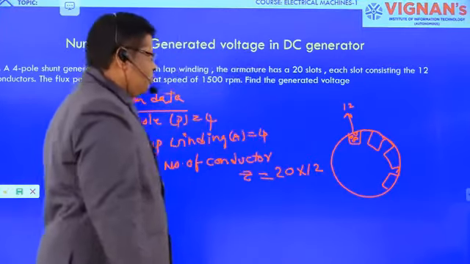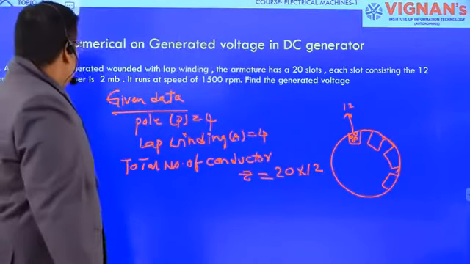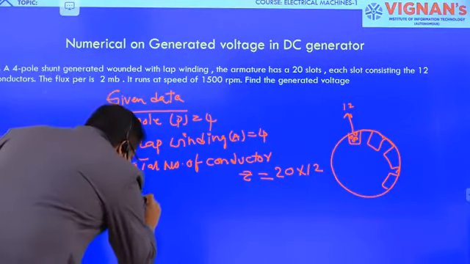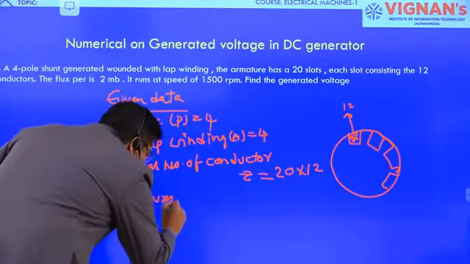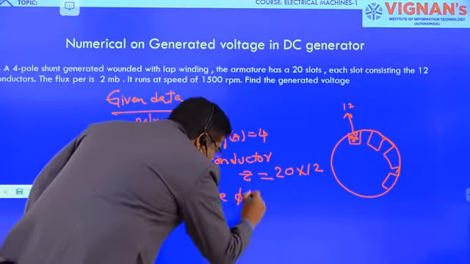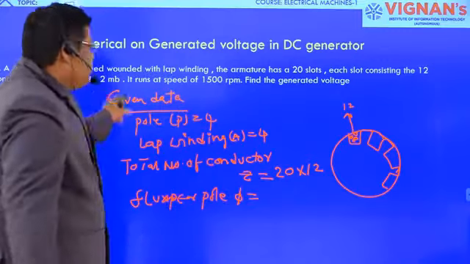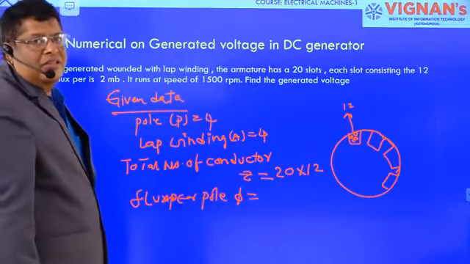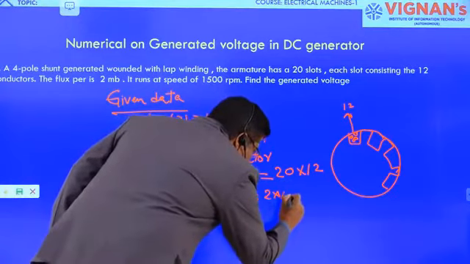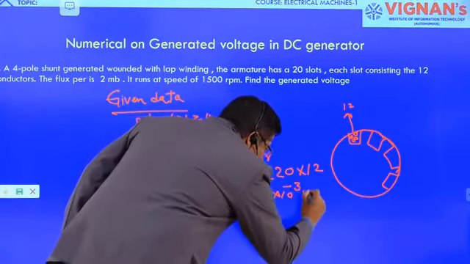Now, next, flux per pole is given. Flux per pole Φ is given in milliwebers, 2 milliwebers, and you have to convert it into webers: 2 into 10 power of minus 3 webers.